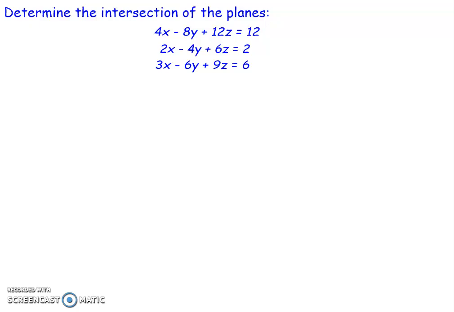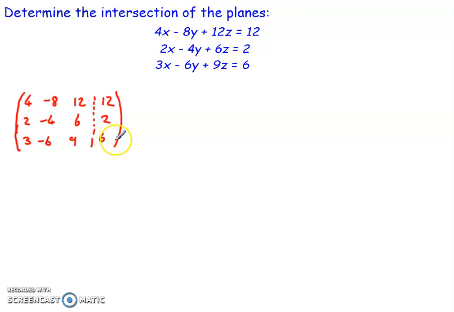Second example, determining the intersection of these planes here. Again, first step, set up your augmented matrix. In this case I've got 4, -8, 12 and 12. I'll have 2, -4, 6 and 2, and I'll have 3, -6, 9 and 6. And again, what I can do is elementary row operations in order to eliminate some of the rows and numbers, and see what I get.